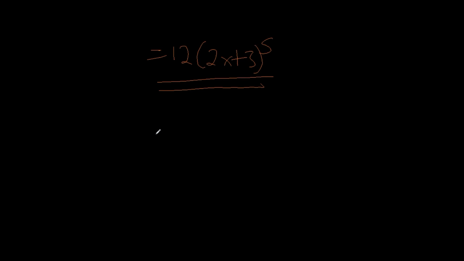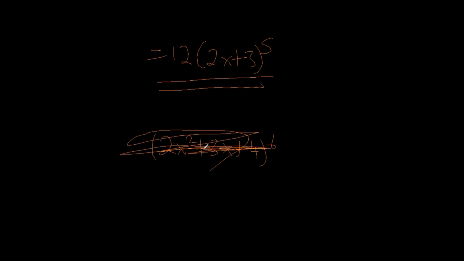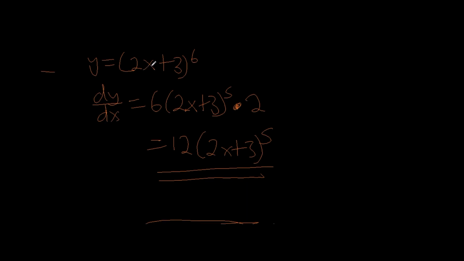If you were to differentiate (2x squared + 3x + 4) to the power 6, you're not going to do this. You can't differentiate this. This is inappropriate. It's a taboo for you and I at this moment in time. The function that is inside has to be linear.